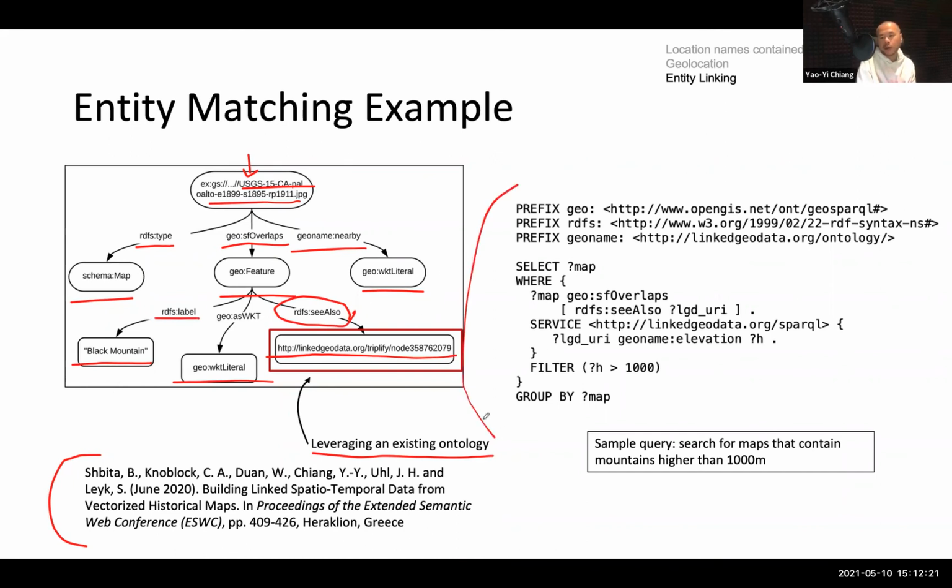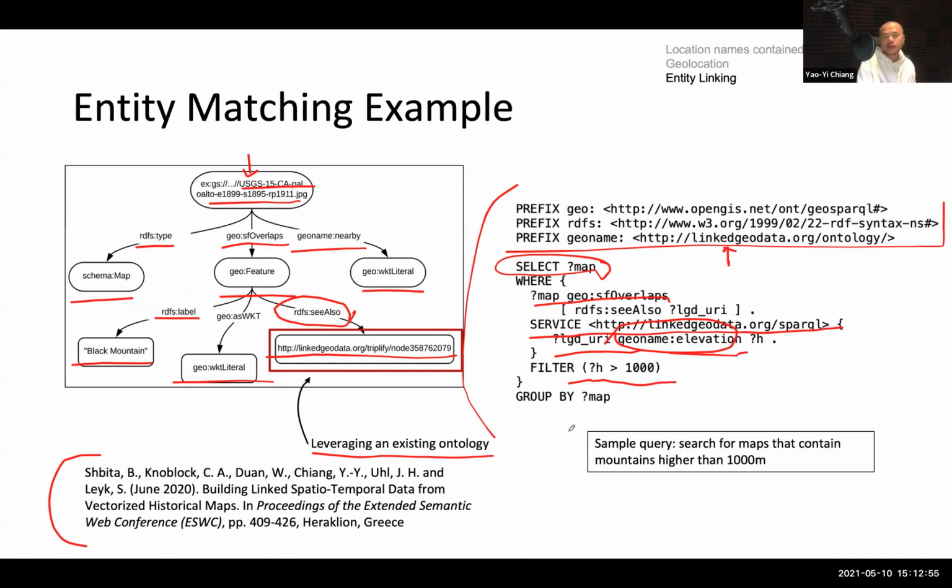So this is a SPARQL query. Even if you don't know SPARQL, this is pretty easy to read. It says we have a few prefix namespaces that you can find external sources. We want to find maps that have to overlap with features in LinkedGeoData and with GeoNames elevation higher than 1,000 meters.